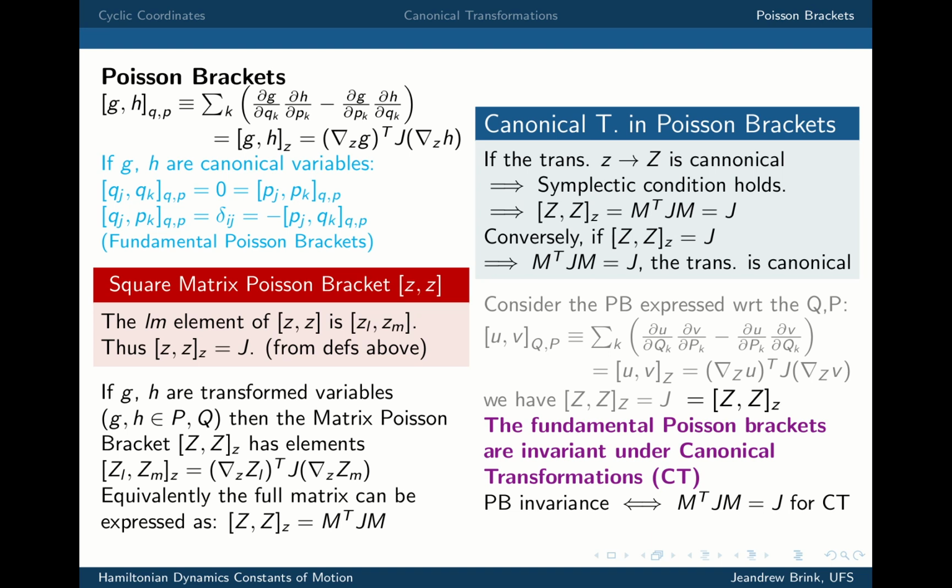It depends on how the person was trained, what notation he's going to use in a paper. You don't have to remember everything precisely, you just need to know where to look to see how these things communicate with each other. So Poincare invariance implies the symplectic condition, which is also equivalent to having a canonical transformation.